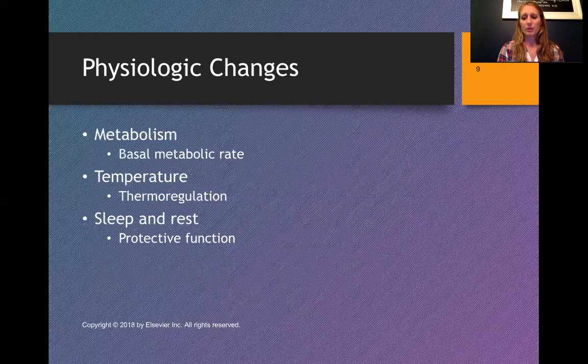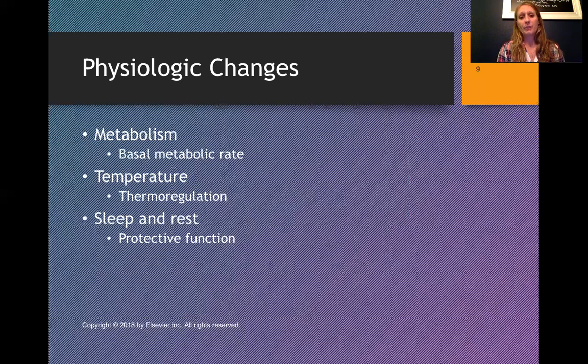When we look at temperature, we want to make sure that our kiddos are always prepared for various temperatures, especially the little babies. They're so susceptible to temperature extremes in one way or the other, and their bodies aren't great at thermoregulation initially. So we want to make sure that we're clothing them appropriately.